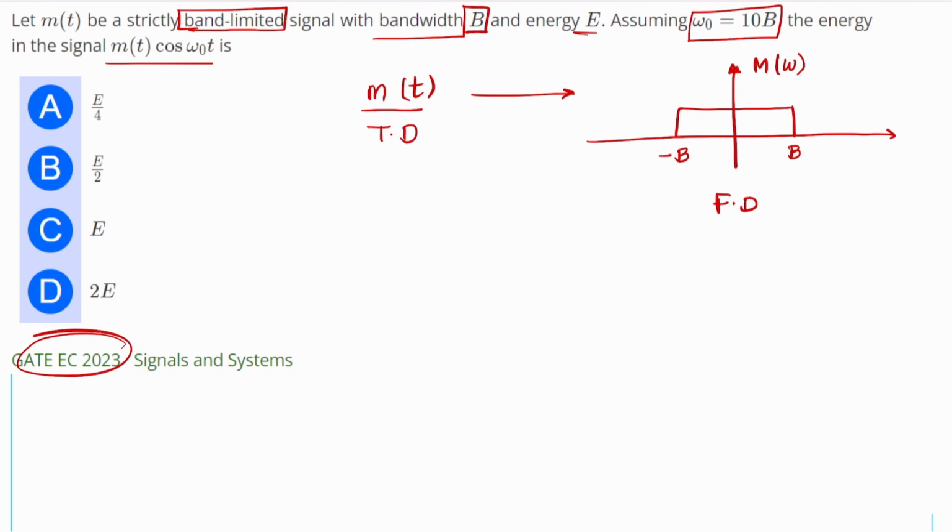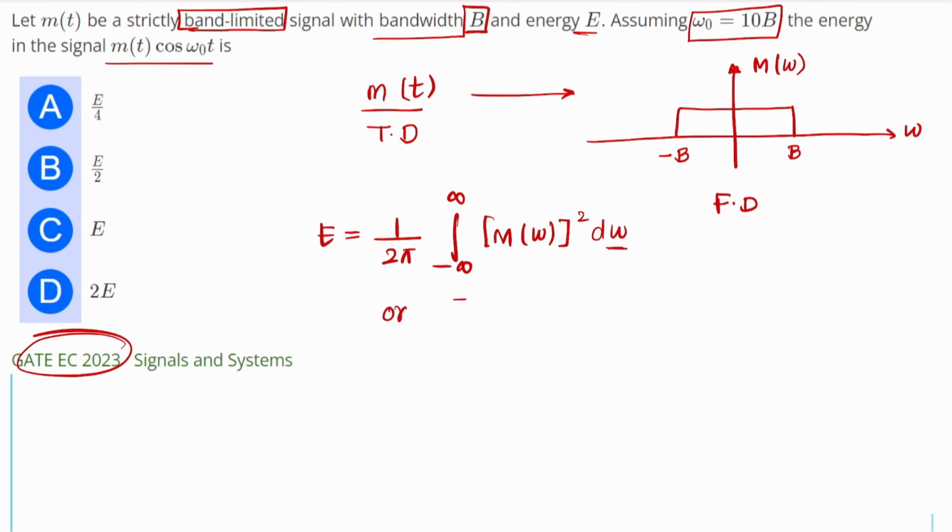I am taking omega on the x-axis. Now, how do we find the energy? Energy is equal to 1 by 2 pi integral from minus infinity to infinity of |M(omega)| whole square d omega, if we are calculating it in omega.